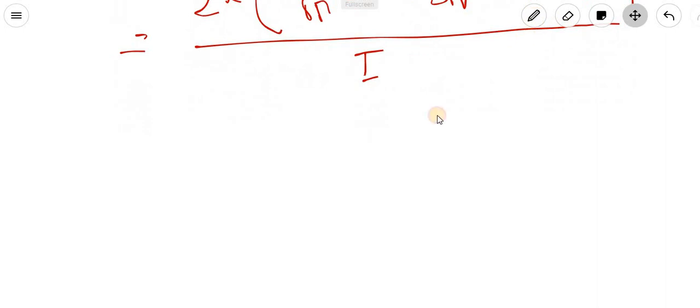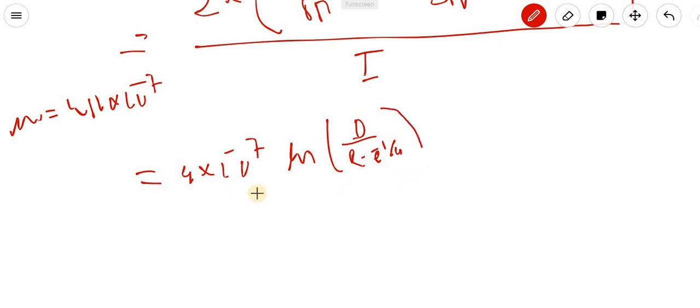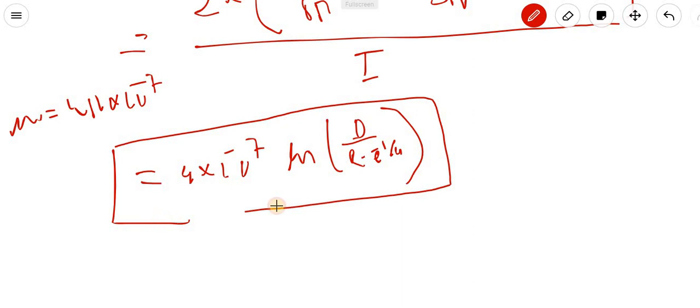Finally, if we put mu 0 as 4 pi into 10 to the power minus 7, then L would be 4 into 10 to the power minus 7 ln D by (r into e to the power minus 1 by 4), for both conductors.